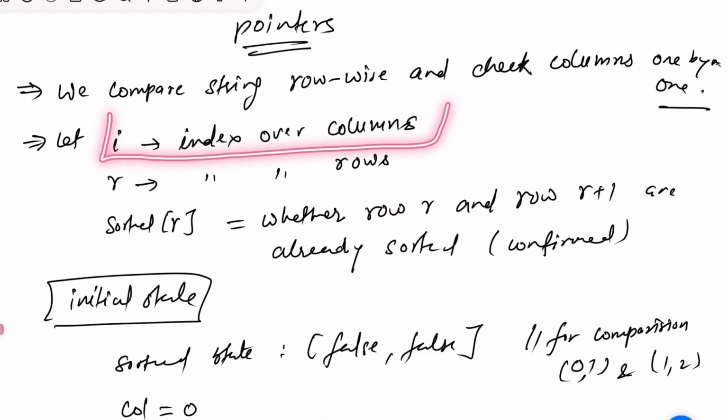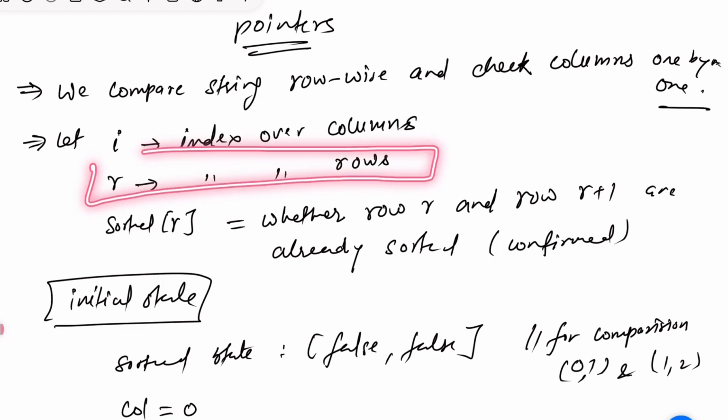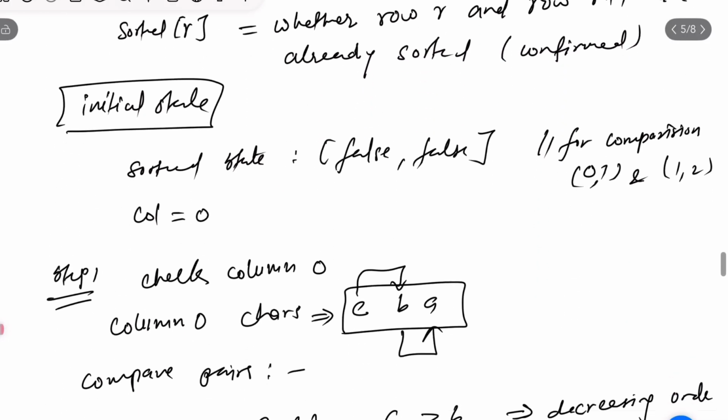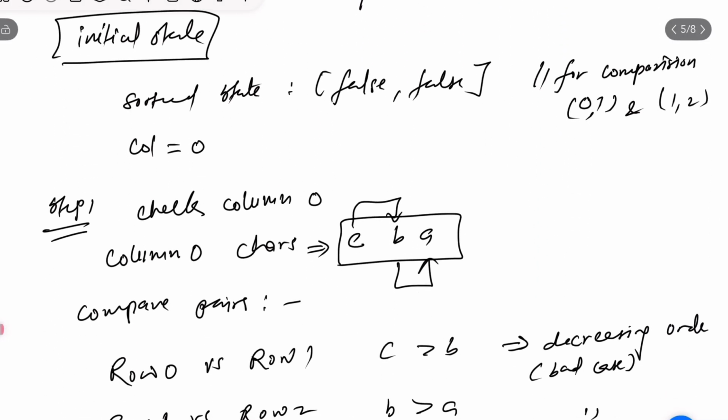We will take over the columns, and there will be the rows. We'll keep a sorted state at R, whether row R and row R plus 1 are sorted or not. If it is sorted, we'll store true, otherwise false. In the initial state, we'll take false for 0-1 and 1-2, let's suppose.